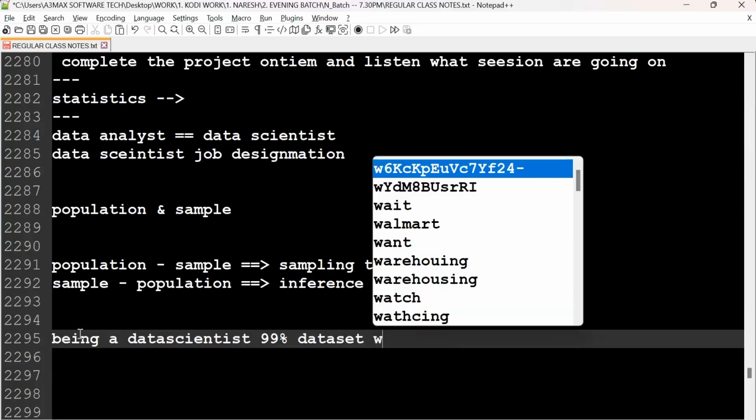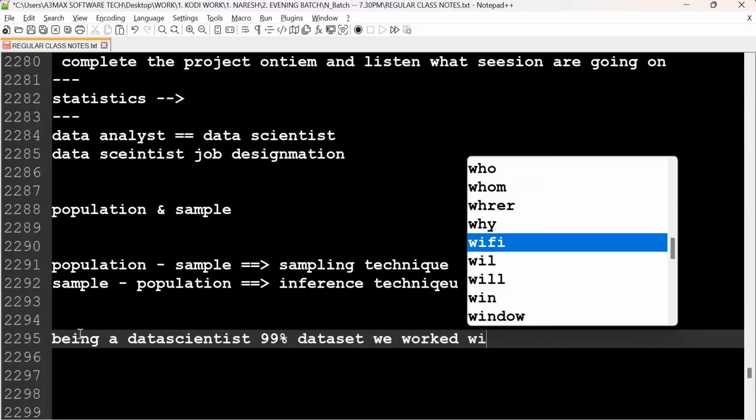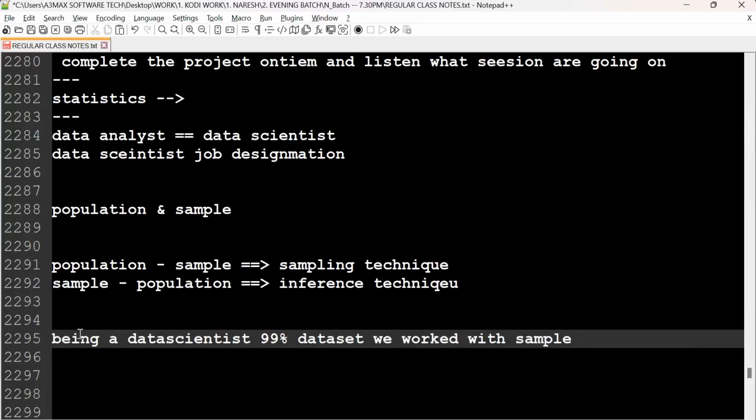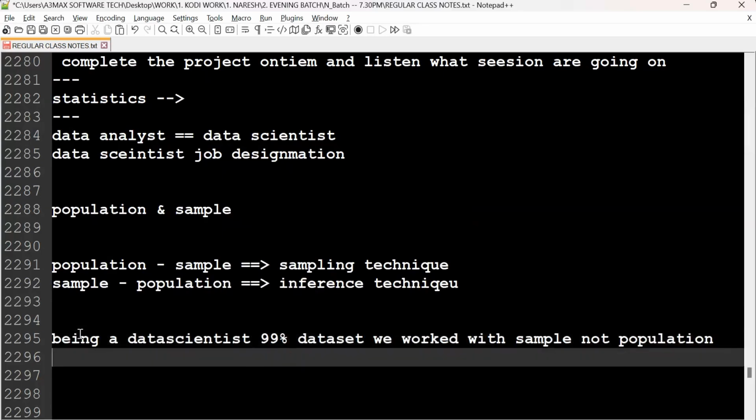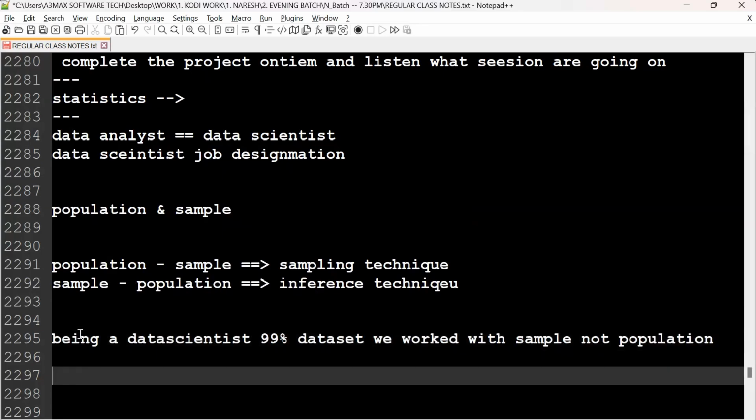An Excel sheet. We worked with a sample. We did not work with population. Concept clear? Online team, are you clear?